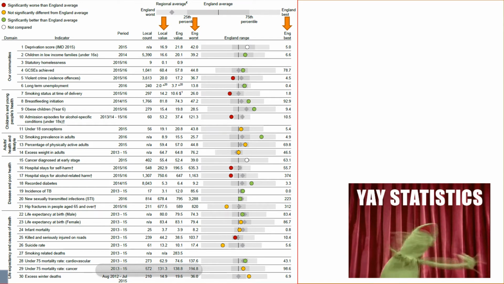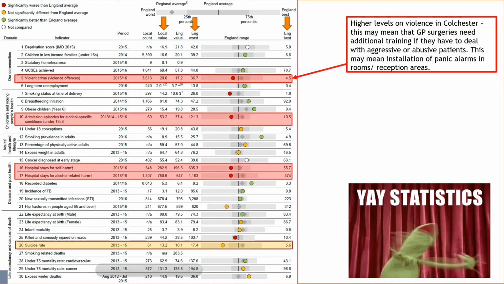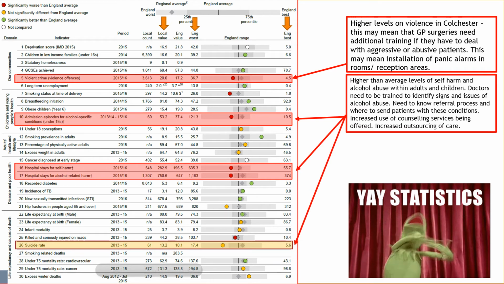So looking at Colchester, these stats are for Colchester, you can see issues like violent crime quite high. We can maybe think about admissions for alcohol-related issues, self-harm, alcohol-related harm, suicide rates quite bad in Colchester. Now, this could be linked back to our setting, thinking about the higher need for maybe protection from violence or support in surgeries if people become more aggressive, so maybe additional training for dealing with aggressive patients.